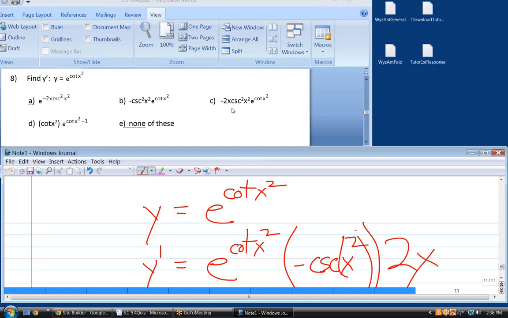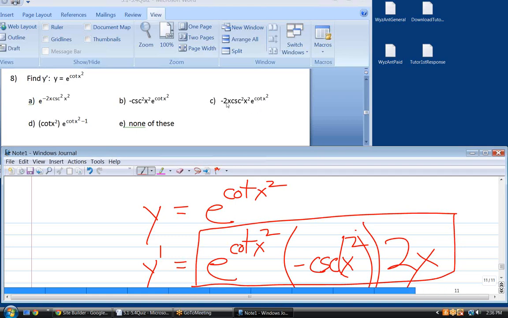When you do the derivative, they always teach you to take the derivative of the outside times the derivative of the inside times the derivative of the inside. That's always going to give you this. And yet, when they put their answer up, they start with the 2x, and then the cosecant of x squared, and then e to the cotangent of x squared.